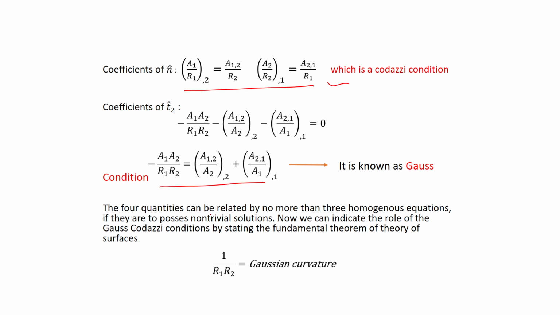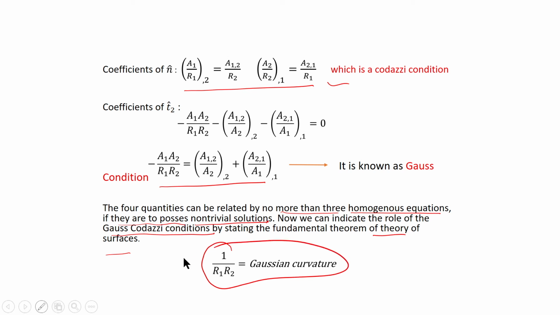So, these 4 quantities can be related by no more than these 3 homogeneous equations, and if they are to possess a non-trivial solution, then we can say that the Gauss-Cauchy conditions give you the fundamental theory of surfaces. This term is known as Gaussian curvature, and based on this Gaussian curvature we classify shell surfaces, whether it will be anticlastic, synclastic, or a regular surface or developable surface.